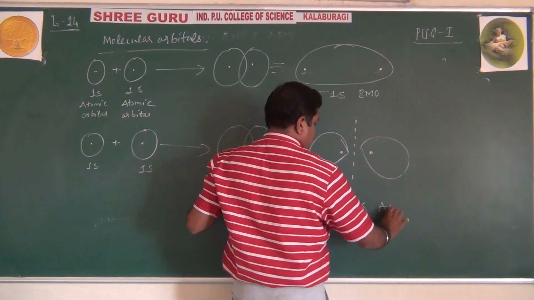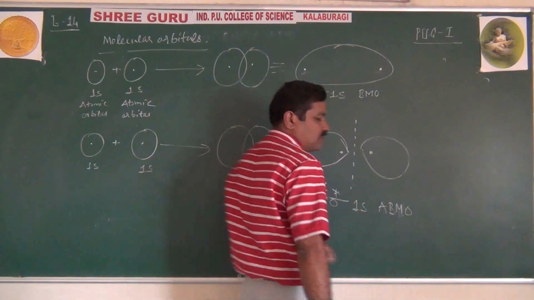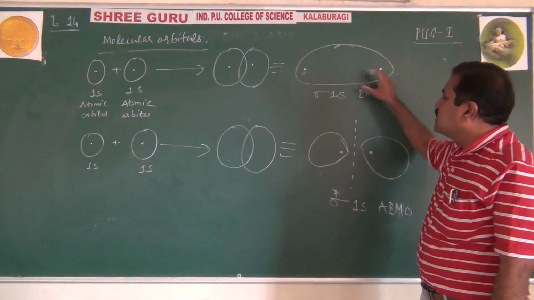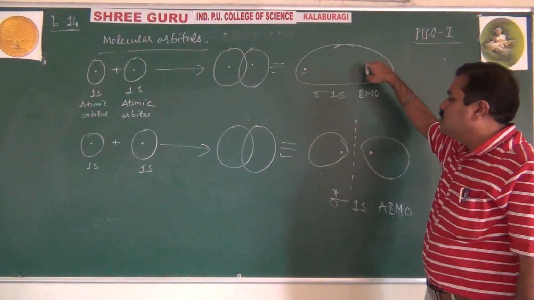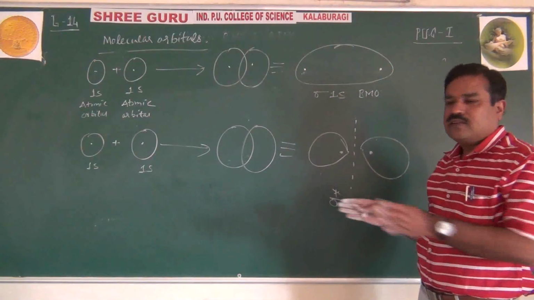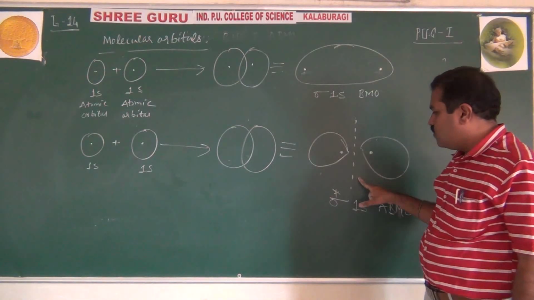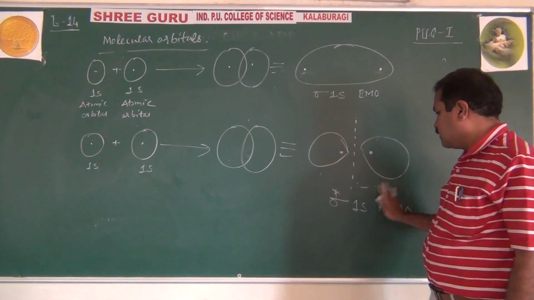This is the shape of the antibonding molecular orbital. Remember. Got it? Bonding, antibonding. See, there is a force of attraction between nuclei. This splits due to repulsion. That's why they will split. Favors bond formation, does not favor bond formation. And this is called nodal plane. Okay? Node. Remember.